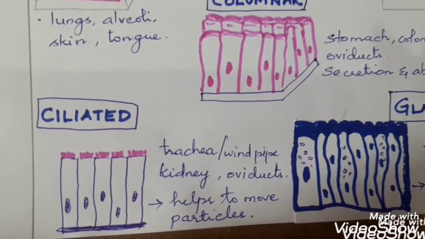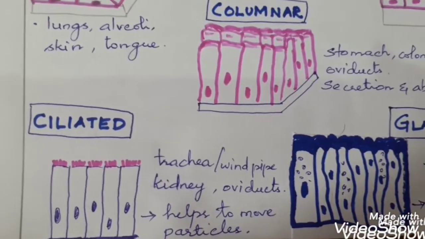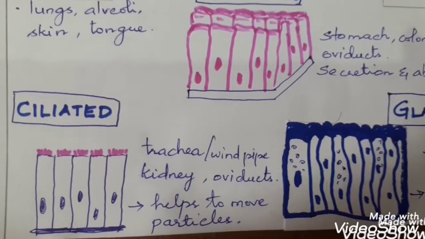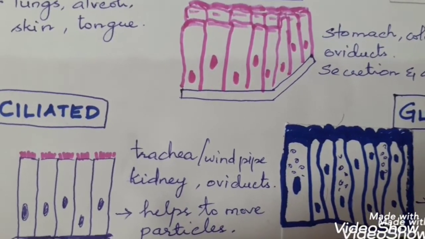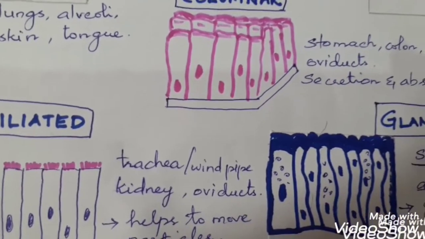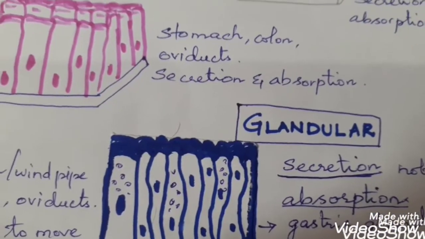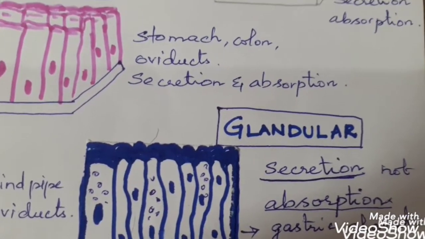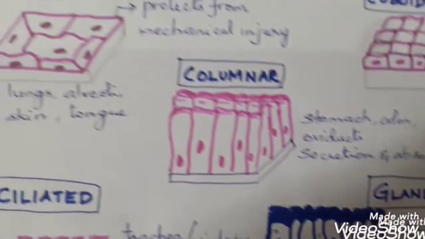These cilia help to remove foreign particles from the tissues. The ciliated epithelial tissues are found in the trachea or windpipe, kidney, and oviducts. Glandular epithelial tissues are found in the gastric glands. Their function is secretion, not absorption.